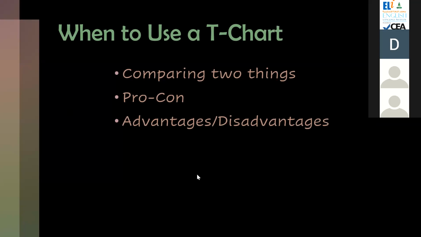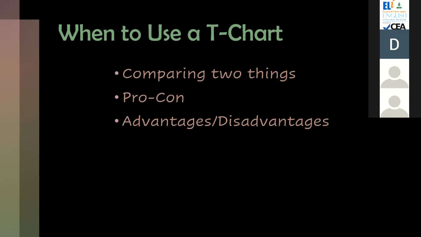They have to learn and transfer these skills, absolutely. Likes and dislikes. So a T-chart is a very good one to teach them when they need to look at two sides of something or two things.